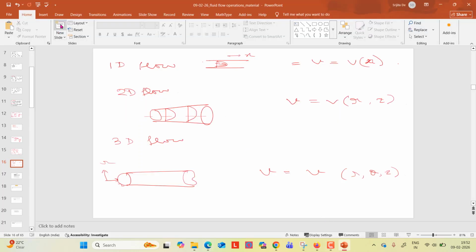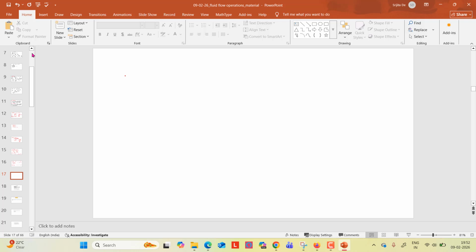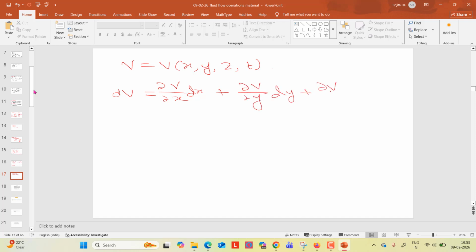What I am saying is that v is a function of x, y, z and t, right? So dv equals del v del x dx plus del v del y dy plus del v del z dz plus del v del t dt.